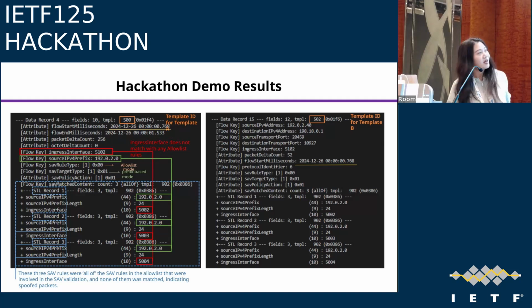In the next record, we see more detailed information about the flow: its source IP address, and the destination IP address it is trying to reach. These two records together provide the operators with information about the attack source, the victim, the reason, and the action taken. So that's it.